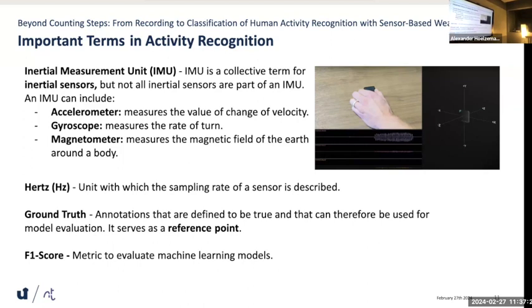We have the ground truth, which are the annotations that the original author of a paper or of a data set defined, and it's a reference point for us to evaluate our learning algorithms. Also, you're going to hear the term F1 score, which is a metric that we are using to evaluate machine learning classifiers.